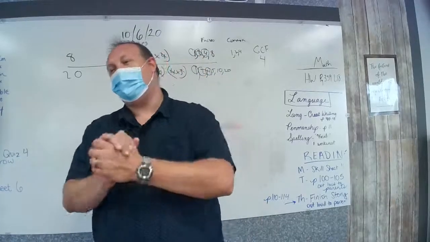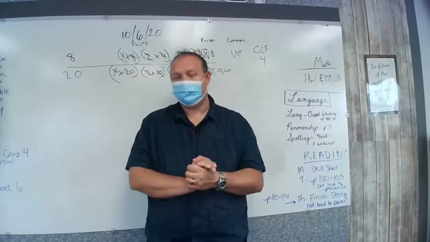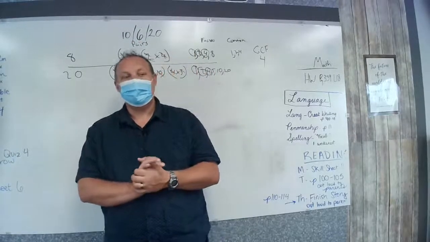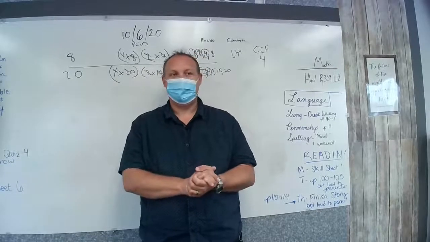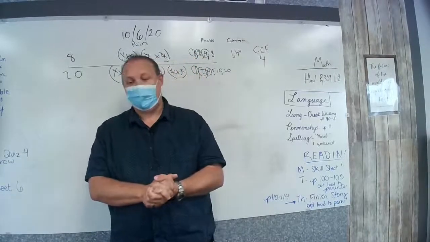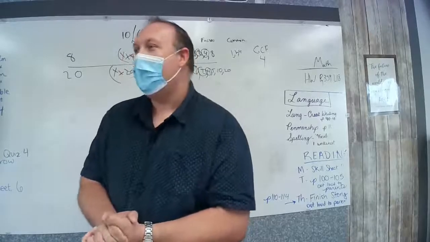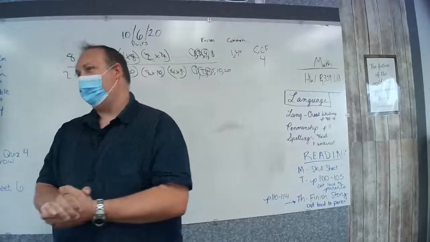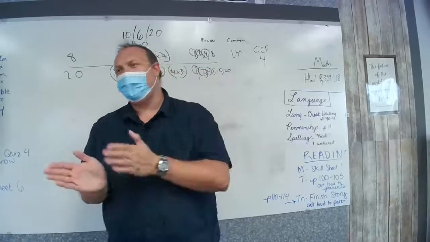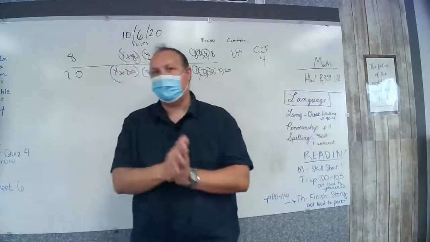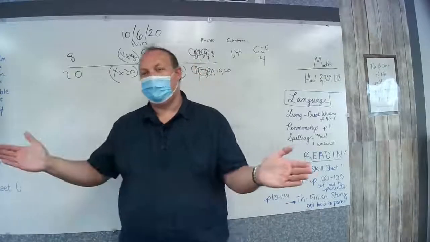Is this number divisible by 3? Who says yes? Who says no? What's my 3 divisibility rule? If I add up all the numbers and that number is divisible by 3, then the whole thing is divisible by 3, right?